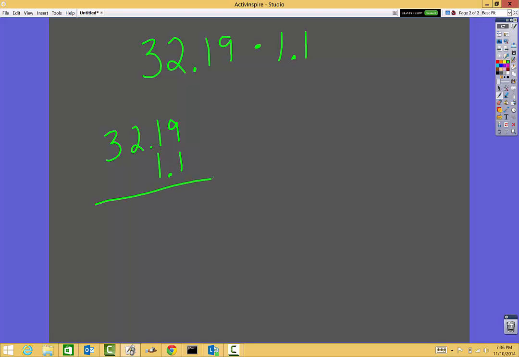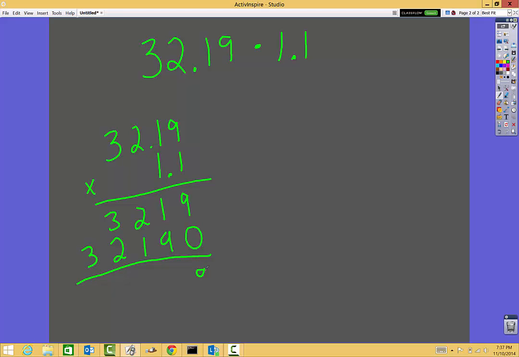The difference about multiplication of decimals and addition of decimals is that here I don't have to line those decimals up. So I'm going to go through my problem, just multiplying like regular. 1 times 9, 1 times 1, 1 times 2, 1 times 3, and I hold that 0 as a placeholder because I'm now working in my second digit. 1 times 9, 1 times 1, 1 times 2, 1 times 3.